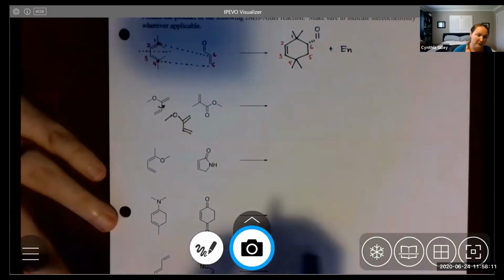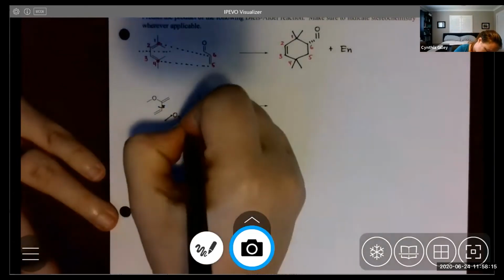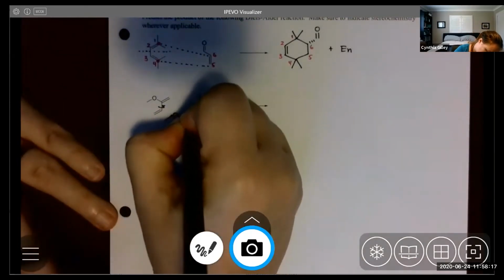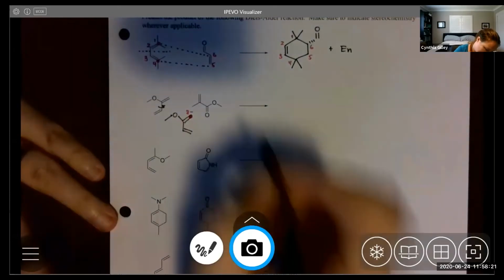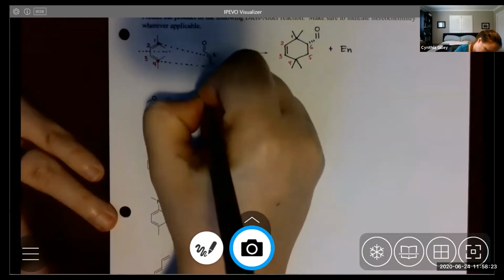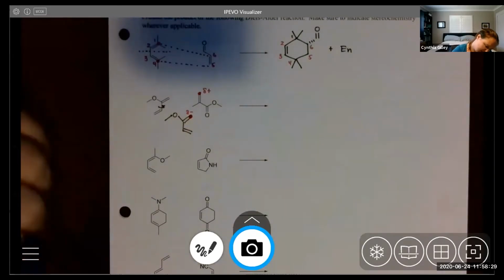So from drawing out resonance contributors, I'm going to note that this carbon is delta negative. And this carbon is delta positive. So this is actually aligned. Maybe I'll draw this over. Weird how it looks.